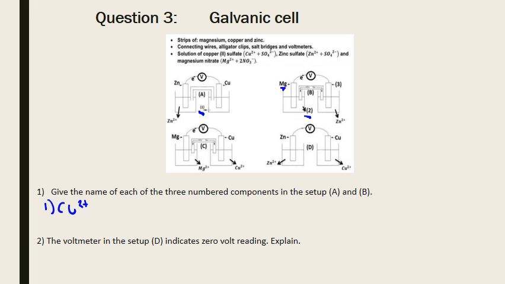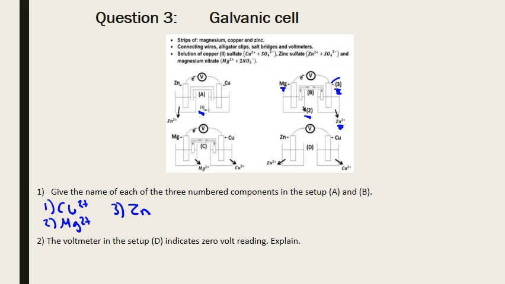Here we've got a magnesium strip, so the solution must be Mg2 plus. And then number 3 is here. Because we've got zinc 2 plus in the solution, the metal here must be a zinc strip. So we can just write zinc.